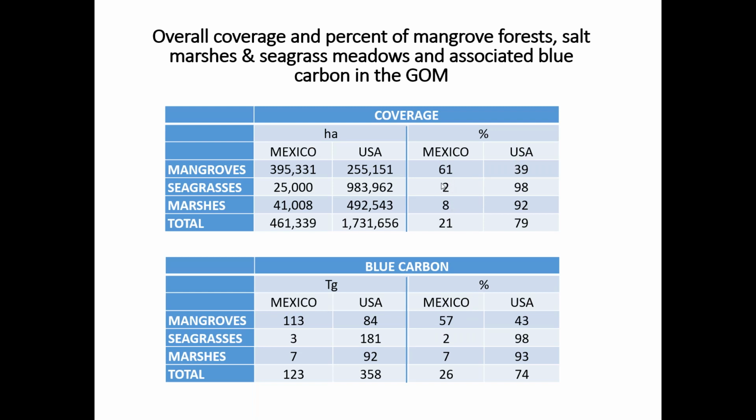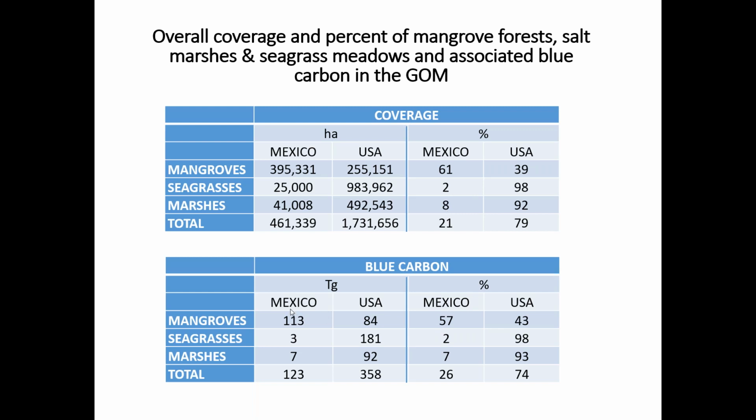2% of grasses, which this value, as Anitra was saying, will probably increase as more is known about seagrasses, especially in the Caribbean. And then the marshes will not change much because this is more a community of temperate affinity.